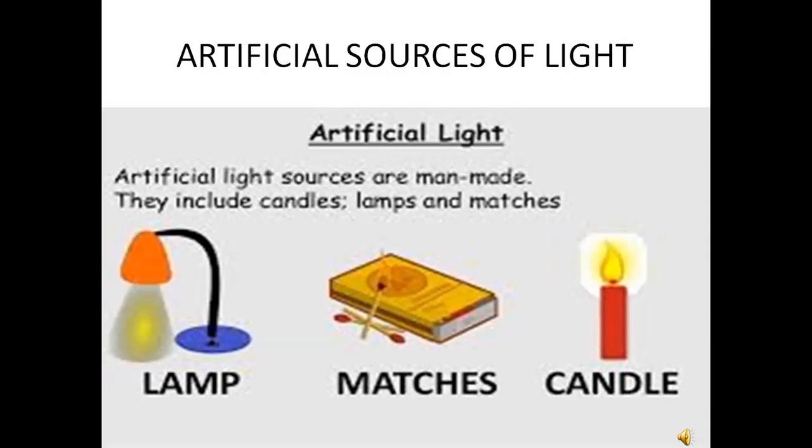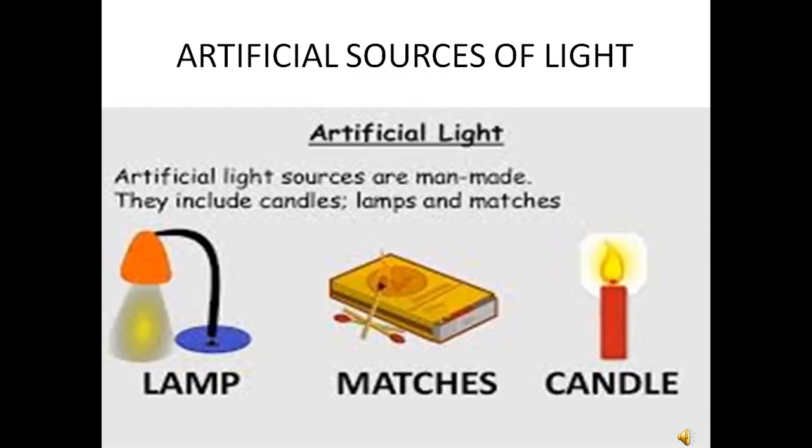Artificial sources are man-made light sources such as the flame of a candle, incandescent lamp, neon lamp, sodium lamp. These are examples.